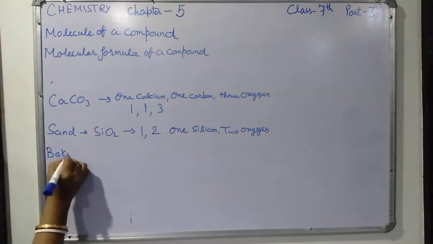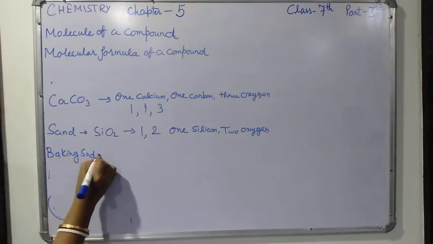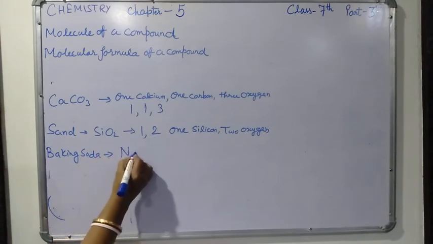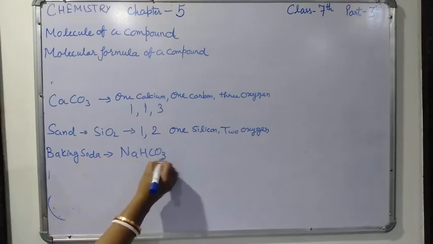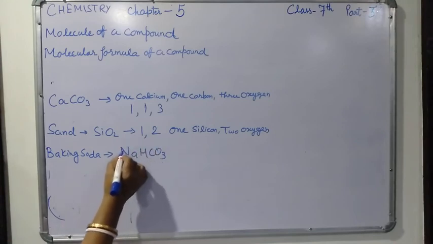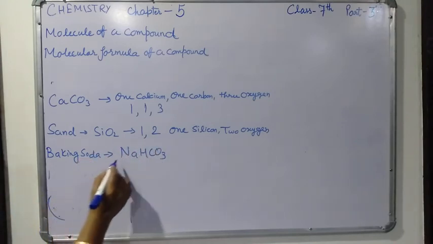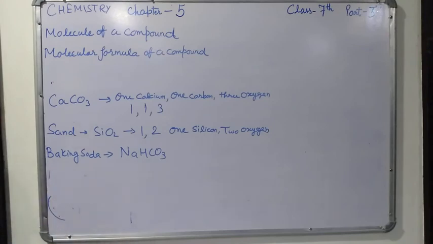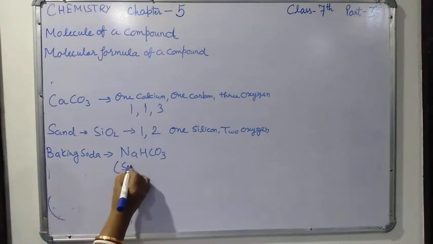Baking soda molecular formula is NaHCO3. It is also called sodium hydrogen carbonate, or sodium bicarbonate. Remember it.